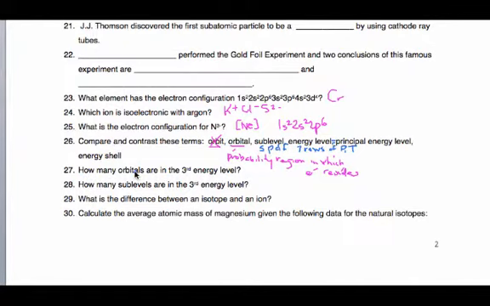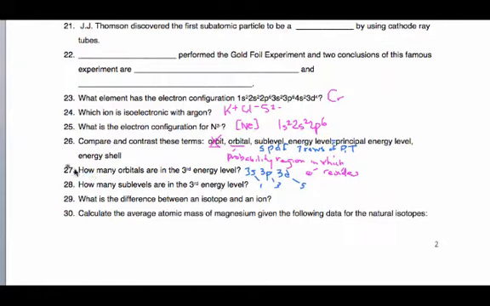How many orbitals are in the third energy level? Well, you can have 3s, and you can have 3p, and you can have 3d. And in 3d, you have 5 orbitals. In 3p, you would have 3, and in 3s, you would have 1.